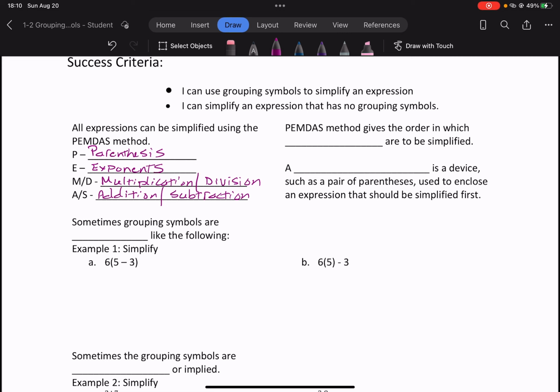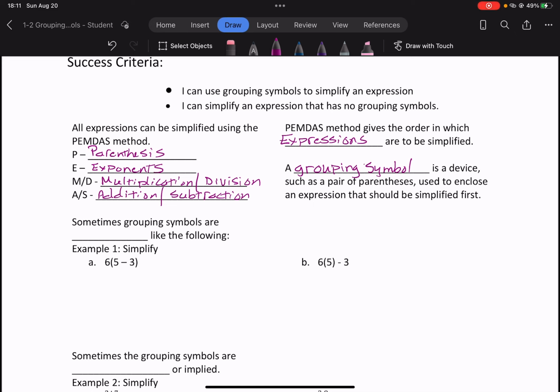The PEMDAS method gives an order in which expressions are to be simplified. When we talk about parentheses, we're talking about grouping symbols. A grouping symbol is a device such as a pair of parentheses used to enclose an expression that should be simplified first.